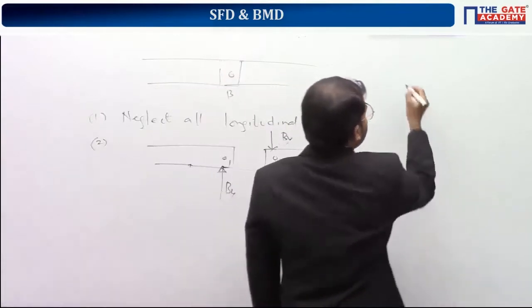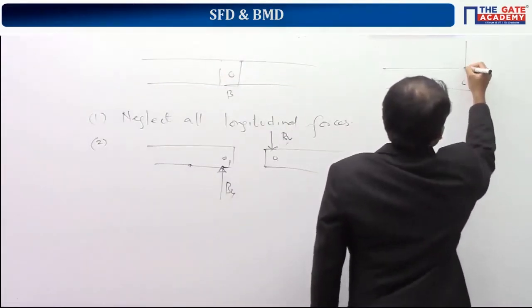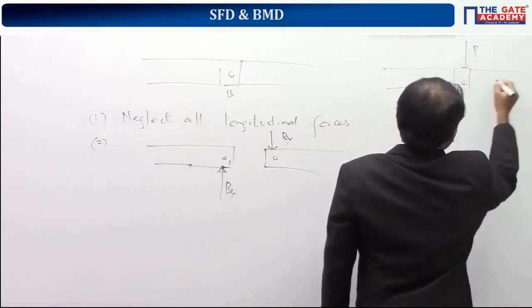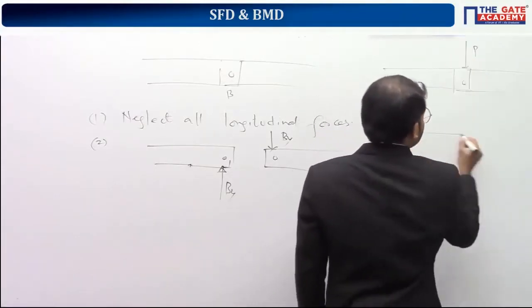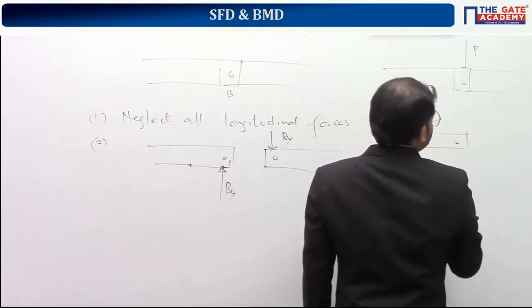For example, you have a scenario where the applied load is P here. I'm just giving an example to make you understand. So at this location, the external load is P. What you should do is apply it like this.